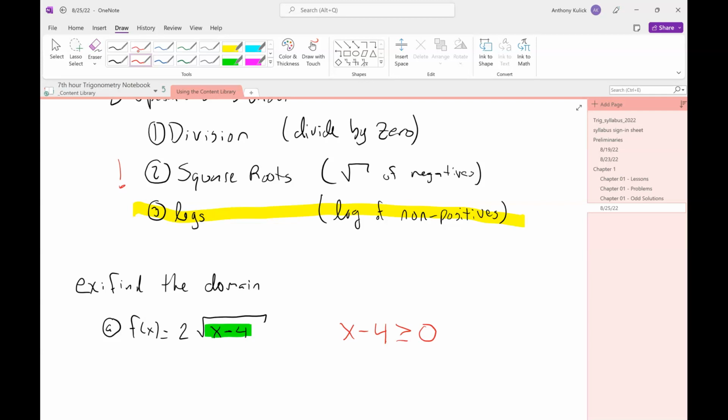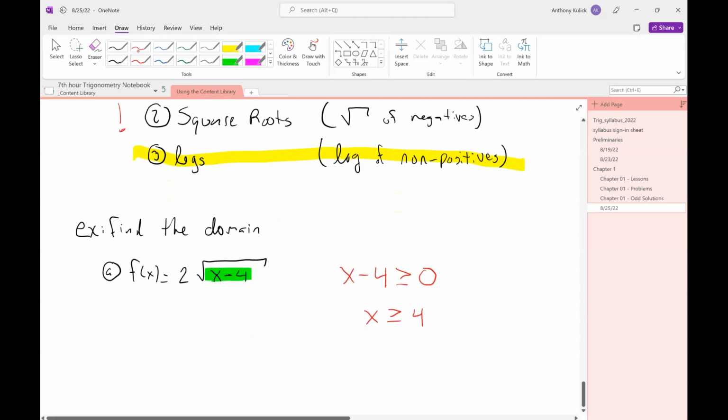So to get that x by itself, I'm just going to add 4 to both sides. Everybody's good with that? Just like I would solve an equation. I'll translate this onto a number line. So I have a filled circle at 4 because 4 is greater than or equal to 4.